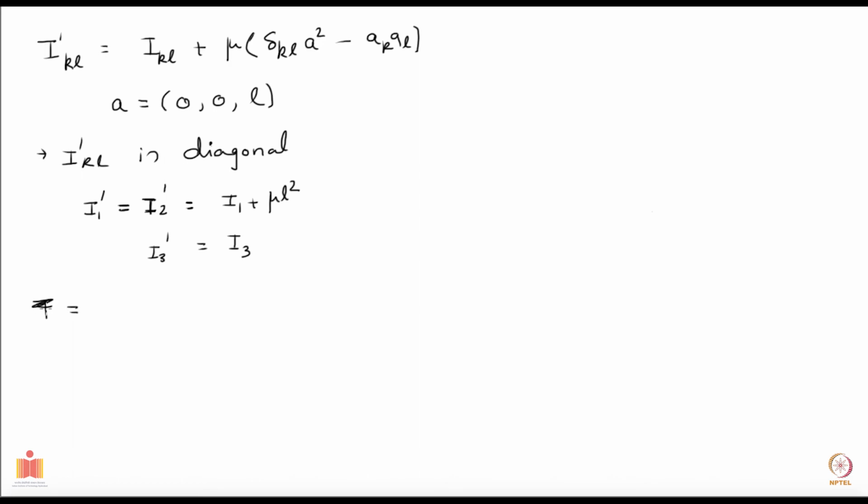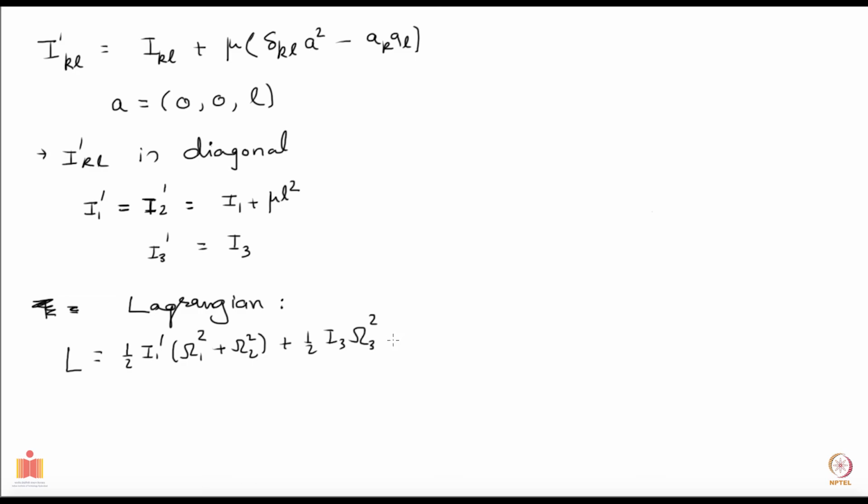So my Lagrangian is the following. For the kinetic energy, I have half I1 prime omega 1 square plus omega 2 square, because I1 prime is the same as I2 prime, so I can do this, plus half I3 omega 3 square, minus the potential energy.